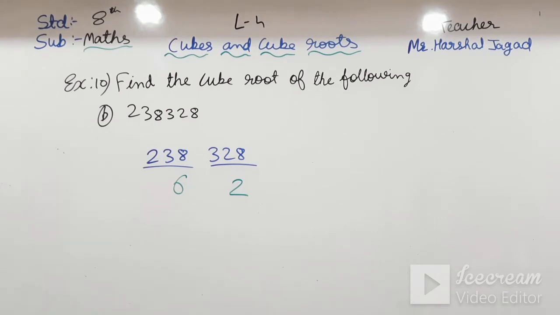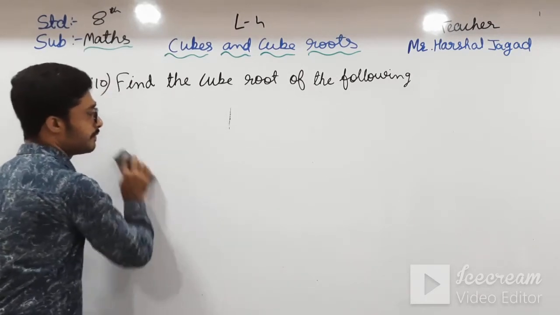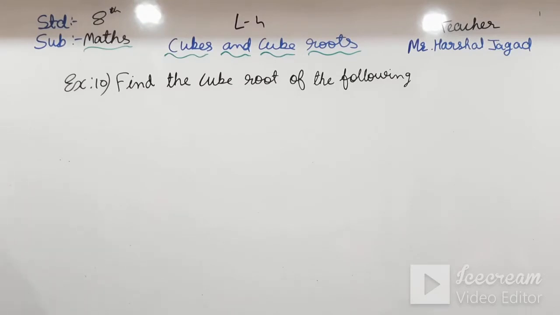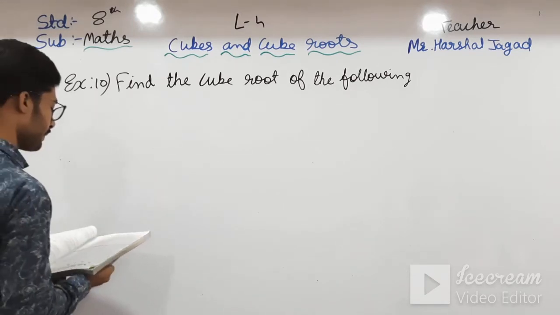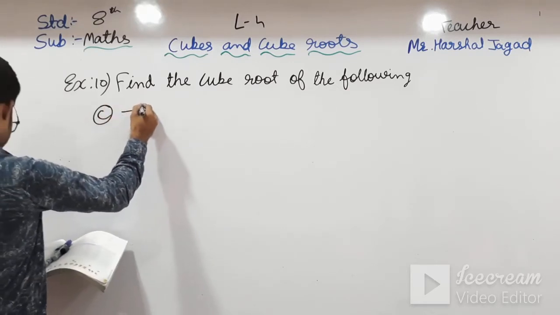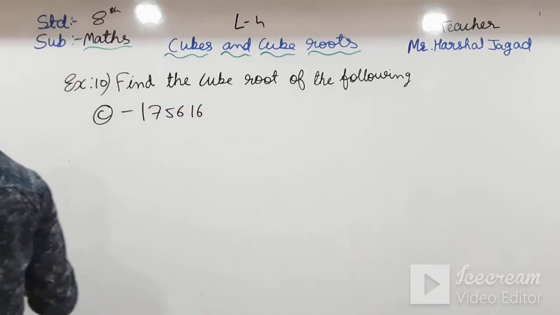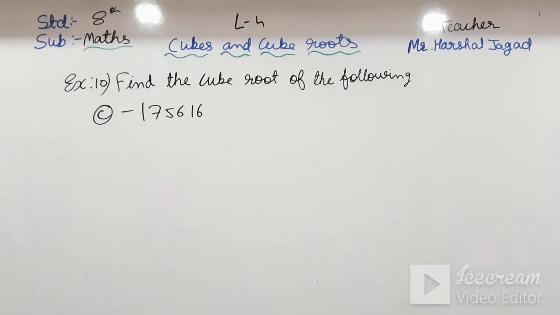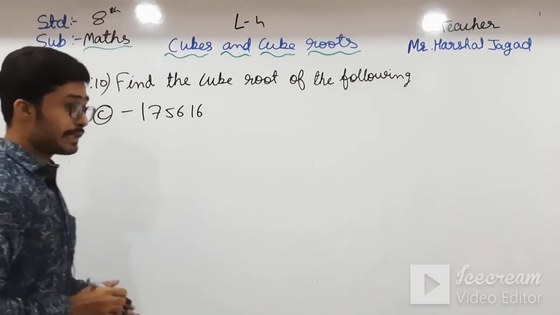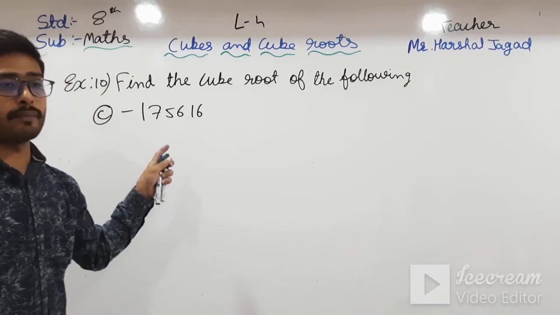The next one, C, that is minus 175616. So here first of all it is minus, so its cube root will also be minus, and it is an even number, so its cube root must be an even number.